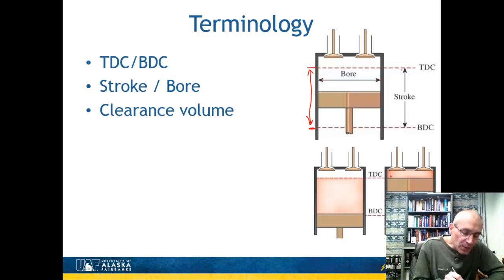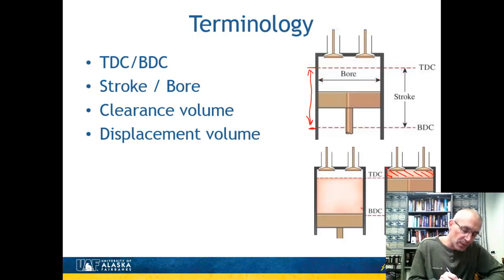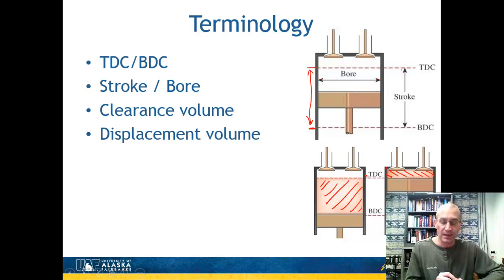The clearance volume is the amount of volume that doesn't ever get expelled, and so that's the difference between top dead center and the very top of the cylinder. So this right over here that I've shown, that's the clearance volume. The displacement volume is this one right here, which is the volume that's actually getting displaced as I go between top dead center and bottom dead center.